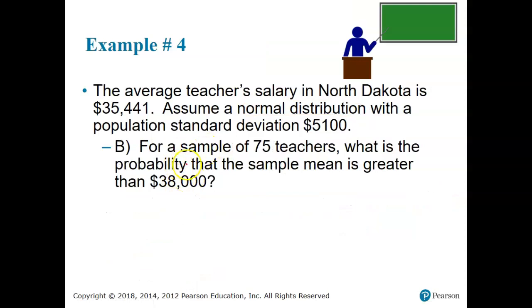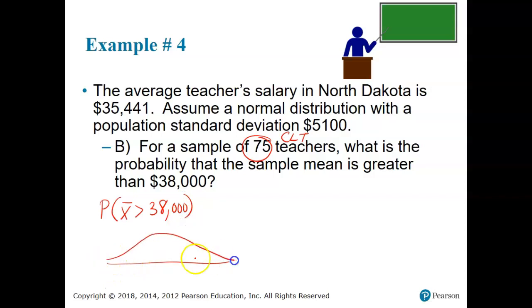Okay, for part B, for a sample of 75 teachers, so that one tells me that I've got to use the central limit theorem. What's the probability that a sample mean is greater than 38,000? So our mean is 35,441. We want to know the probability that it's greater than 38,000.